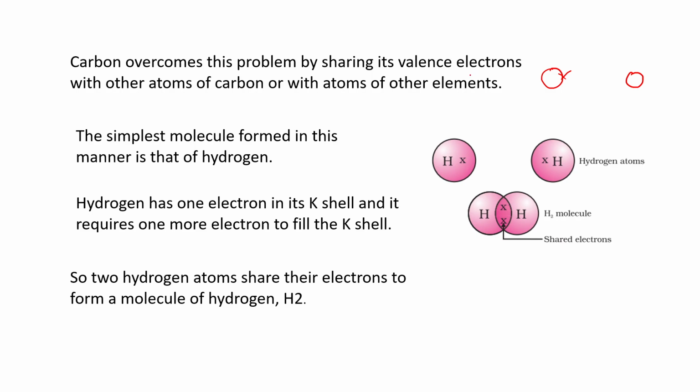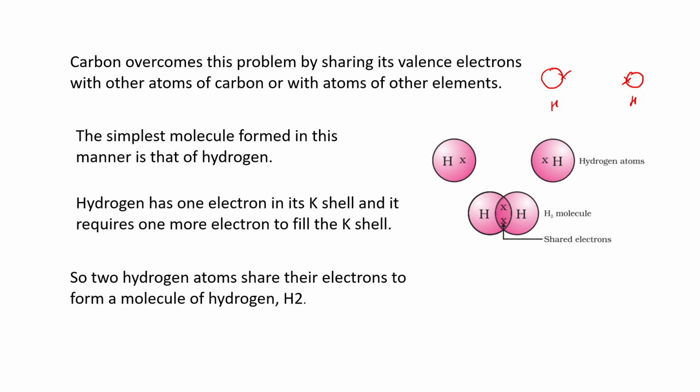So they will make a deal with each other. One hydrogen will say to the other hydrogen, hey bro, let's do one deal. You give me 1 electron, I will give you 1 electron. It means let's share the electron and complete the duplet, so that you get stable, I also get stable, and in this way we will be happy. The other hydrogen says, okay, why not, it's a good idea.